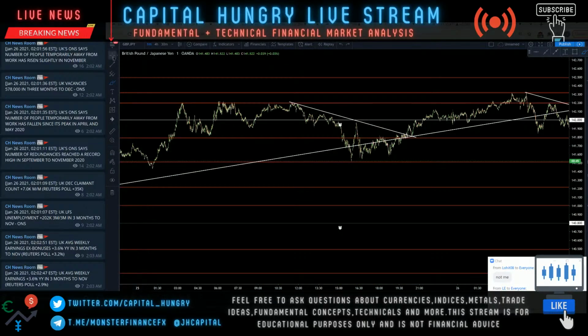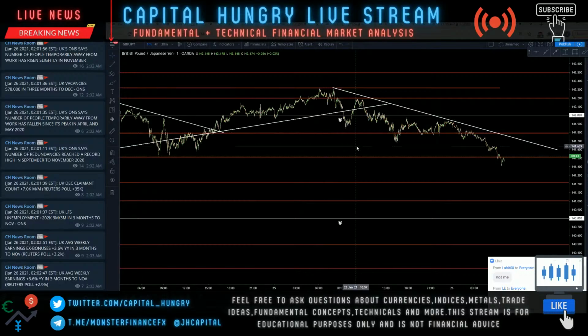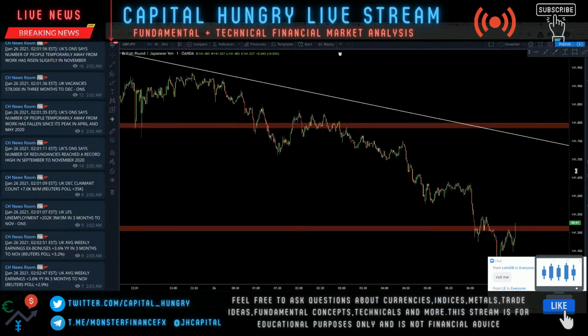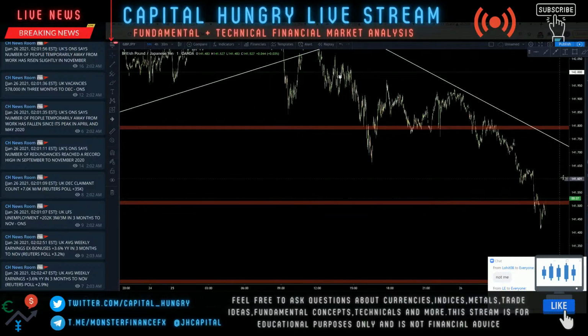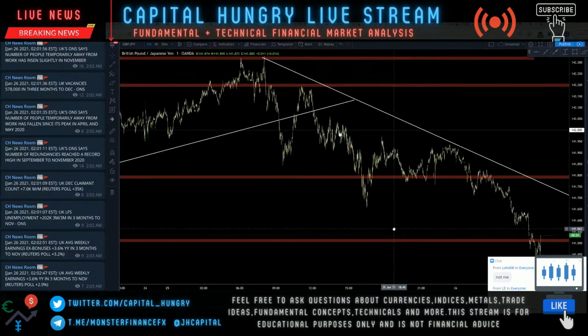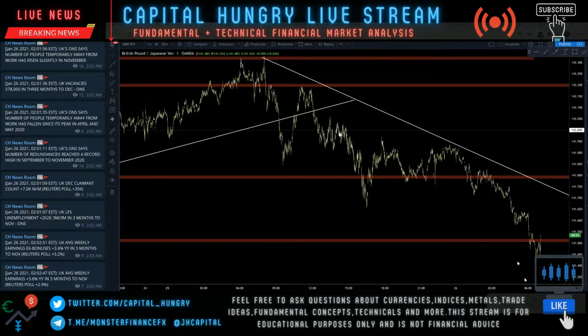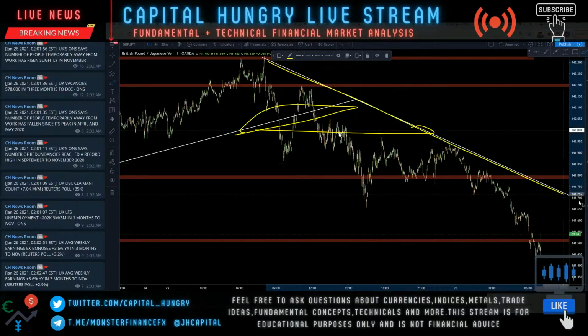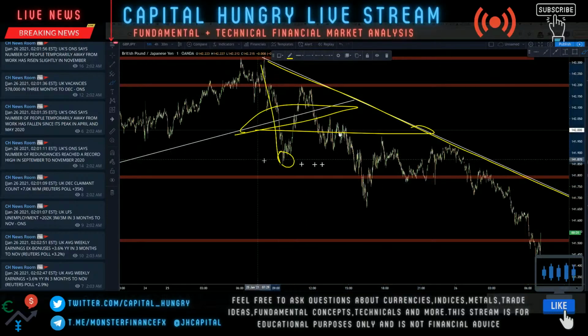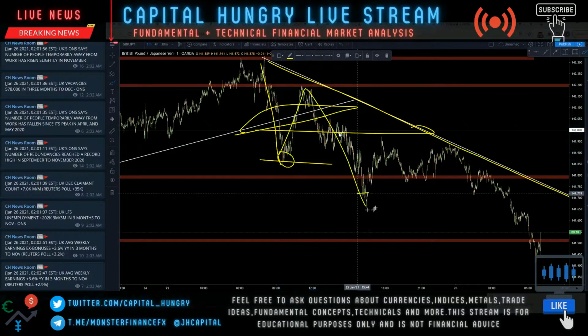So that action and reaction of buyers closing positions at those highs and sellers jumping in has now created a break of this bullish intraday structure, a break below 142, and created this lower time frame bearish market structure where we are having lows printed on the lower time frame.